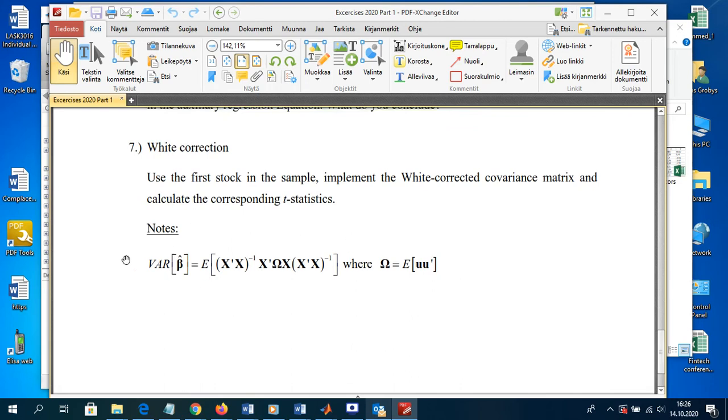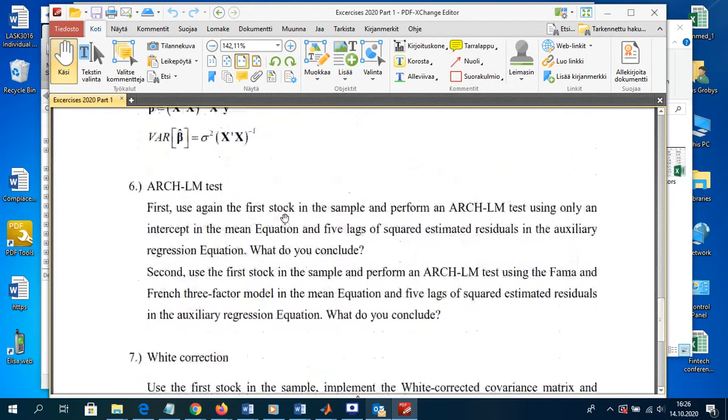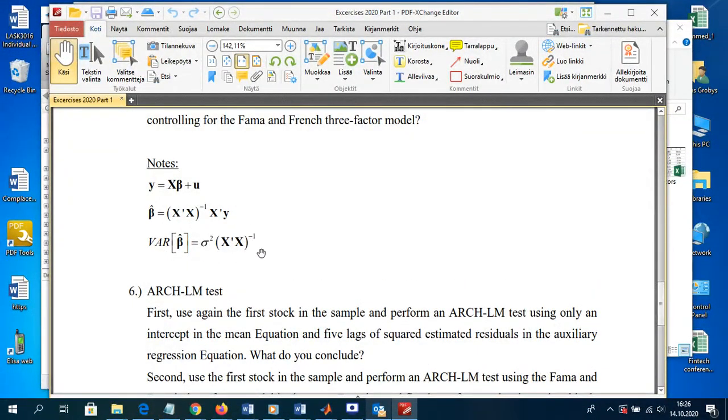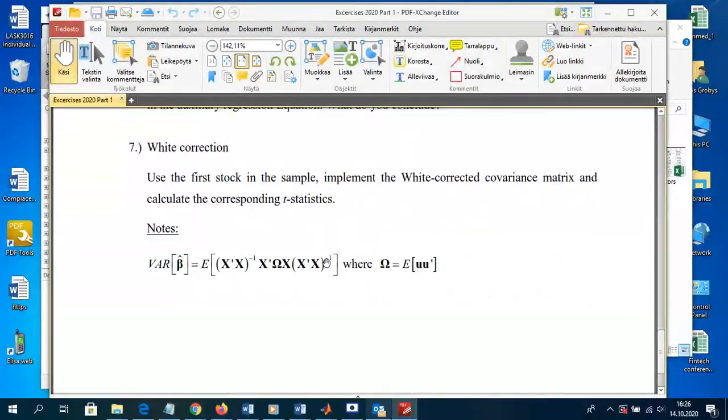So we remember here, as a note from the lectures, that we cannot simplify this equation like we did earlier. Now we have something here in the middle, sort of a sandwich, this omega matrix, and we remember from the lectures, this omega matrix has on the main diagonal the corresponding squared residuals for each point in time. So omega is a T by T matrix.